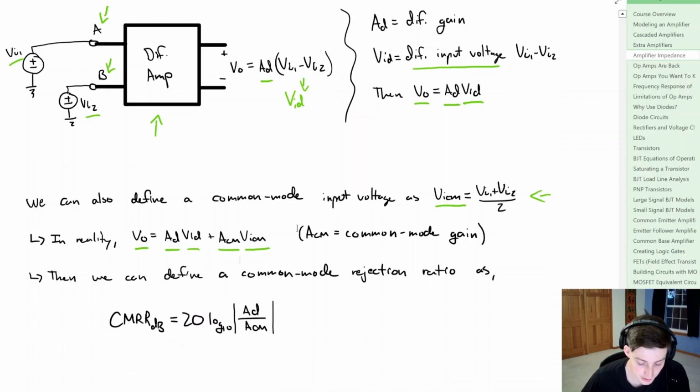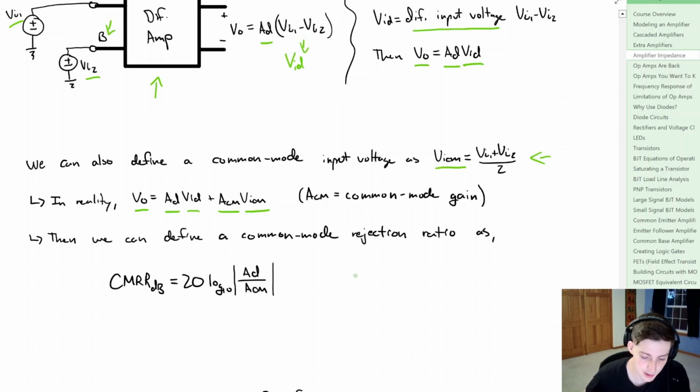And maybe we're getting a little bit ahead of ourselves, but we can define something as the common mode rejection ratio, and that's going to be in the dB scale, and we define that as CMRR. So in the dB scale, that's going to be 20 log base 10 of the absolute value of the differential gain divided by the common mode gain. But that's enough about the common mode for now. We're going to put that to the side and assume that it's very minimal or negligible for the cases that we're going to be looking at, which are pretty much going to focus on the differential gain.